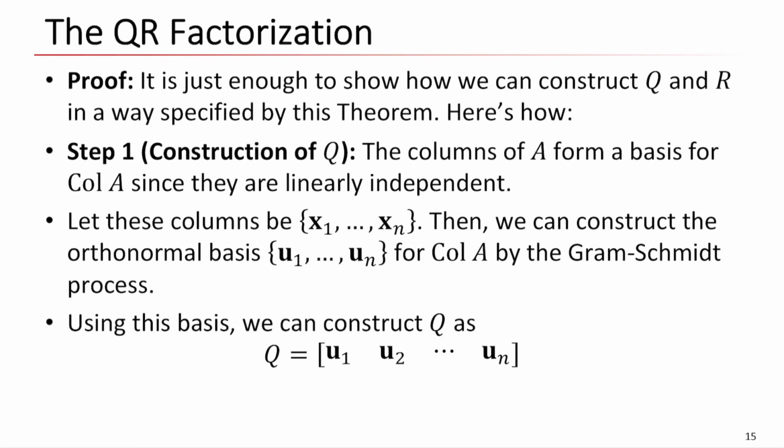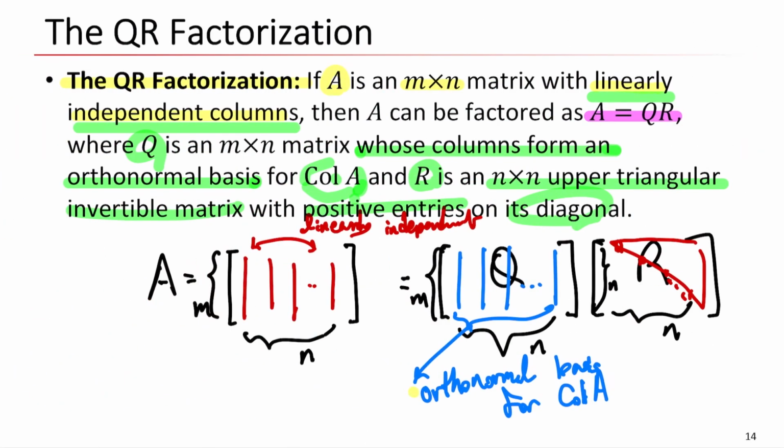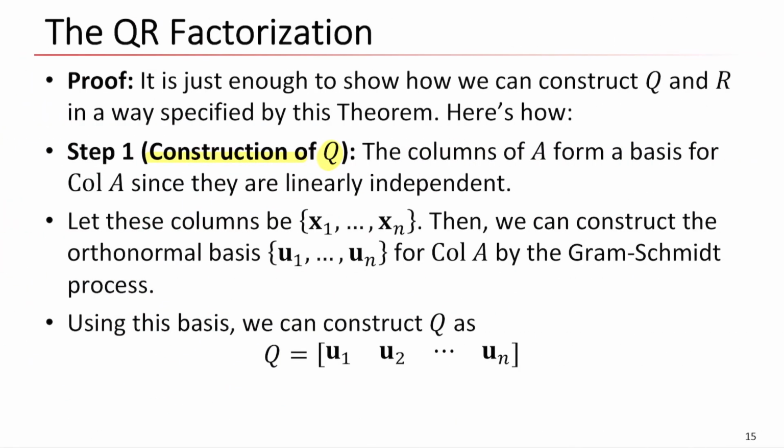First, let's think about the way to construct the matrix Q. Matrix Q here is an orthonormal basis of the column space, right? So how can we find that? Actually, we can just use the Gram-Schmidt process, right?